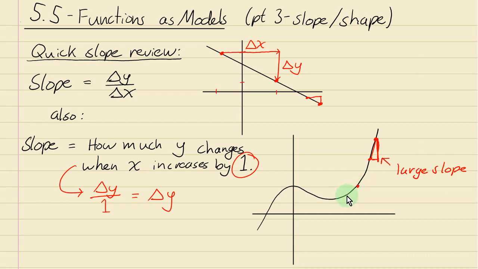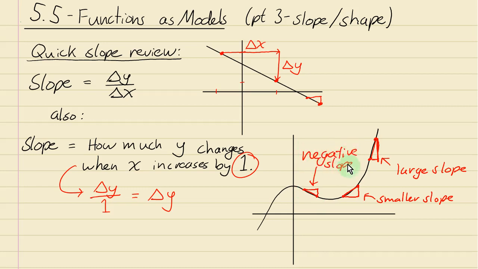But if you have points that are kind of like this, the delta y isn't that big, maybe the delta x is the same, that's going to be a smaller slope there, but still positive. But if you take points where this is happening, that will give you a negative slope.